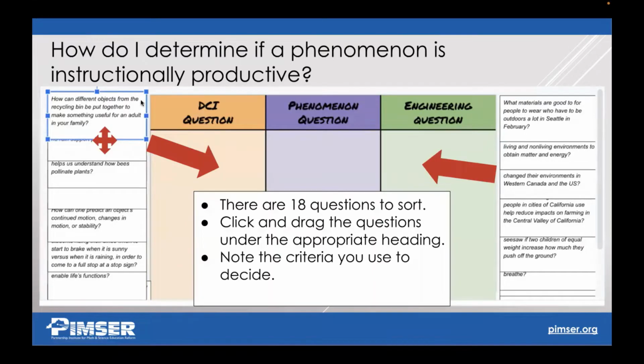This is going to allow you to click on each of the 18 different questions to sort and drag them under the category to which you think they best belong. And again, note the criteria that you're using to decide which category they belong to. You may want to pause the video and do the sort and jot down your criteria.